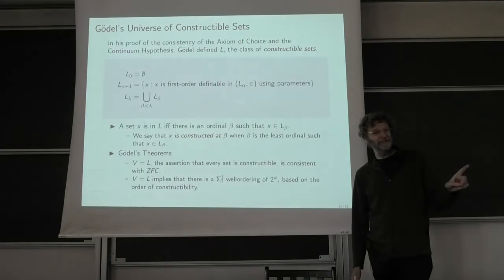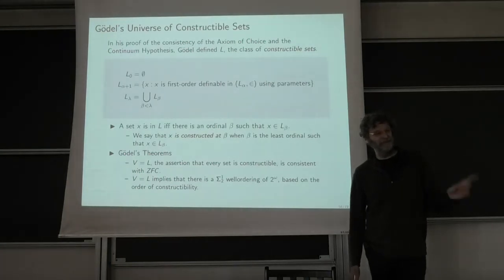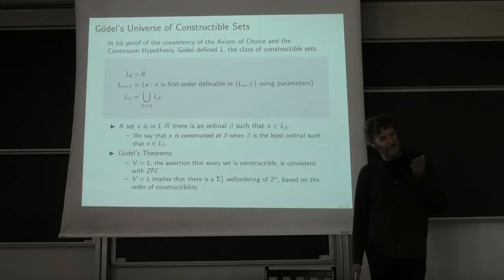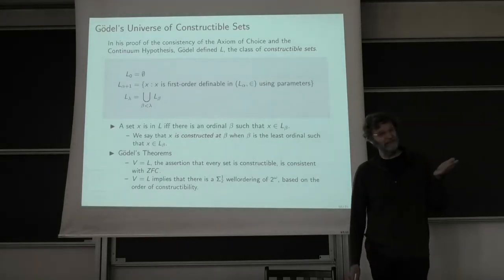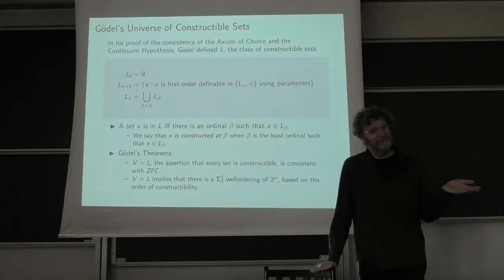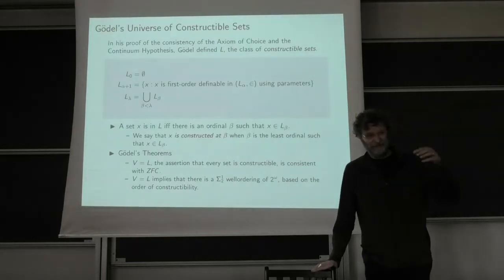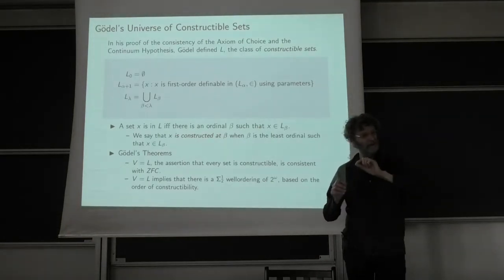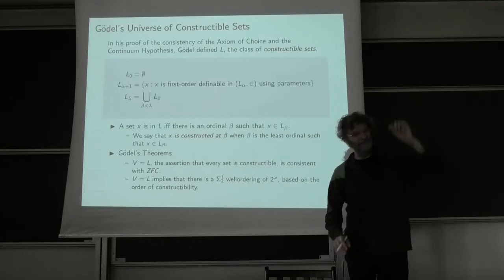You're right. You just duplicated Gödel's proof of the continuum hypothesis in L. Gödel had to show that if a real is constructible, then it's constructible at a countable ordinal. So that's Gödel's theorem: there are lots of ordinals, and you might think about at which ordinals you get real numbers, at which ordinals you get subsets of omega.